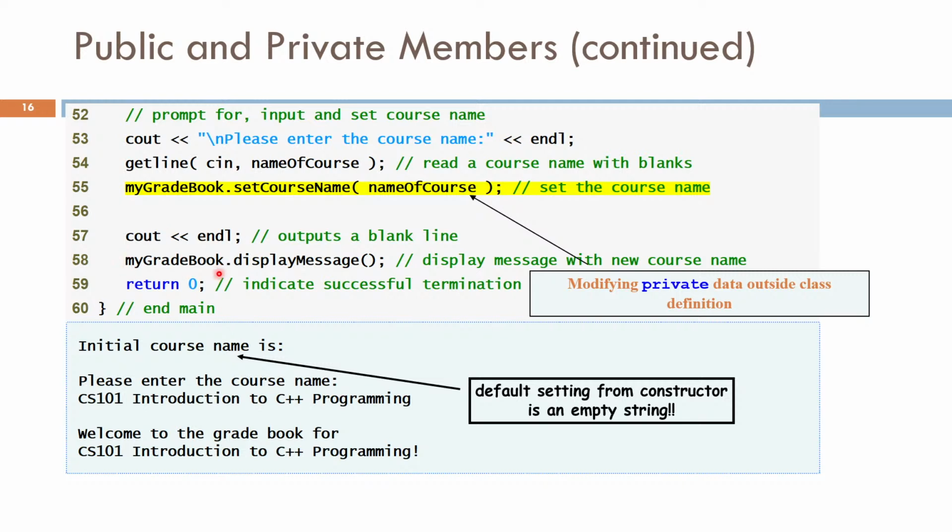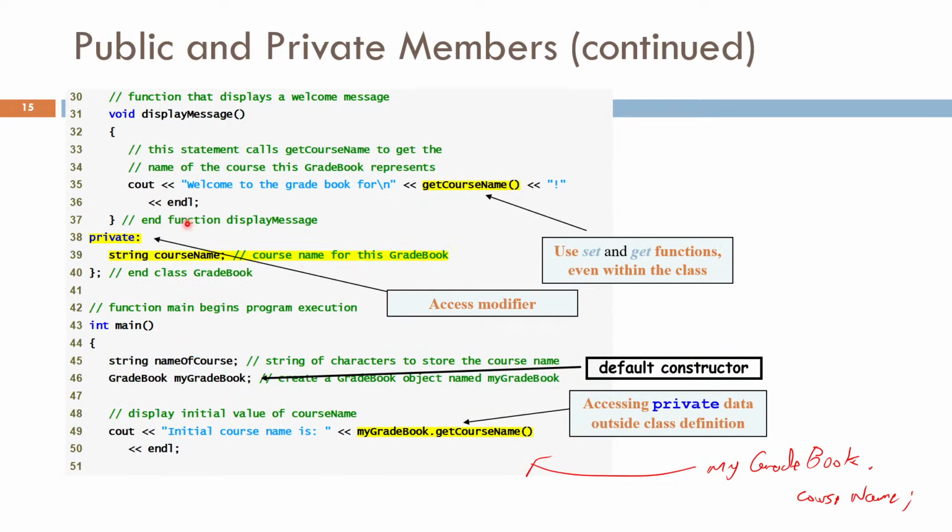Line 58 is just to show that you can use other functions to access that course name variable itself. So if we go back to the display message function, you can see that it says welcome to the gradebook for, and then we have getCourseName, which will just return the course name as it is and output it.